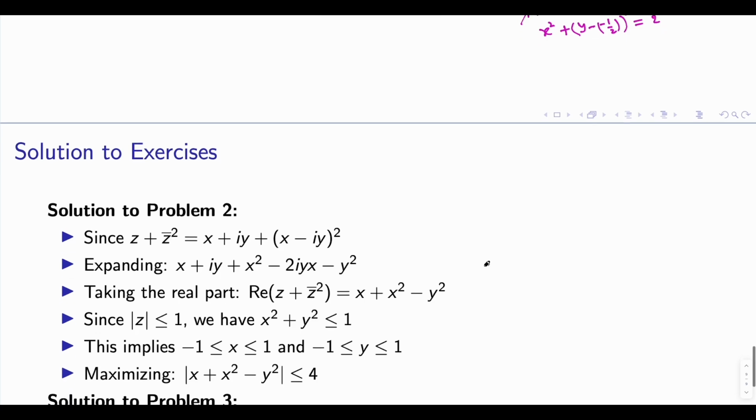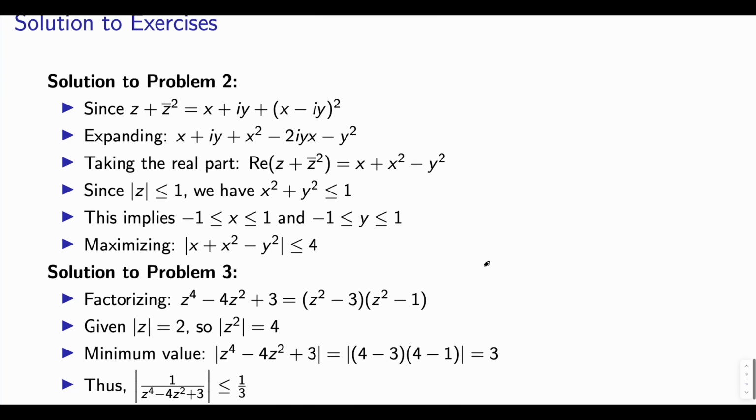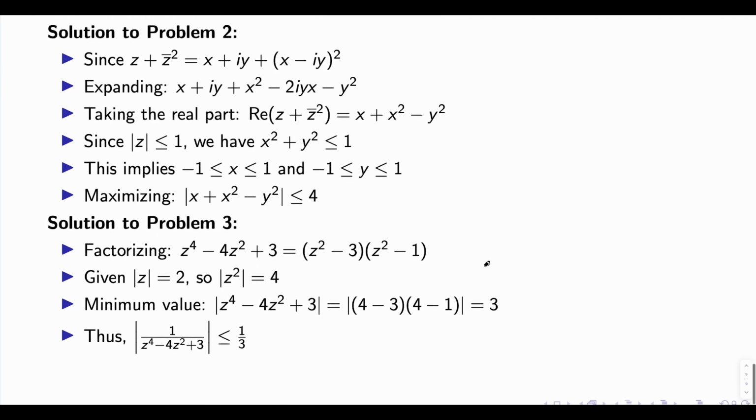So now this is the solution. Solution to 1: you can just expand it using the properties. You can find this, and similarly you can do problem third as well.